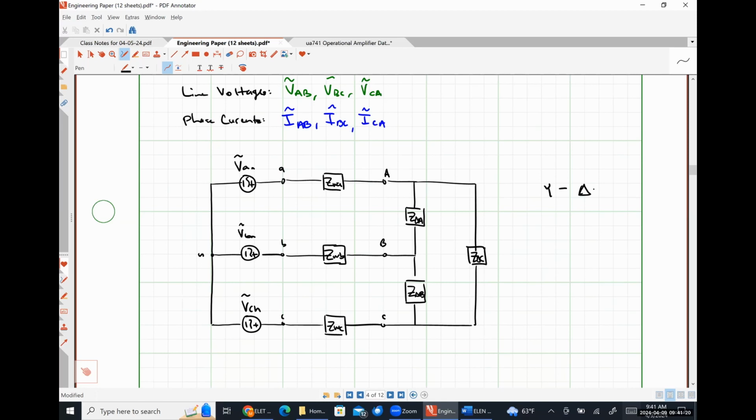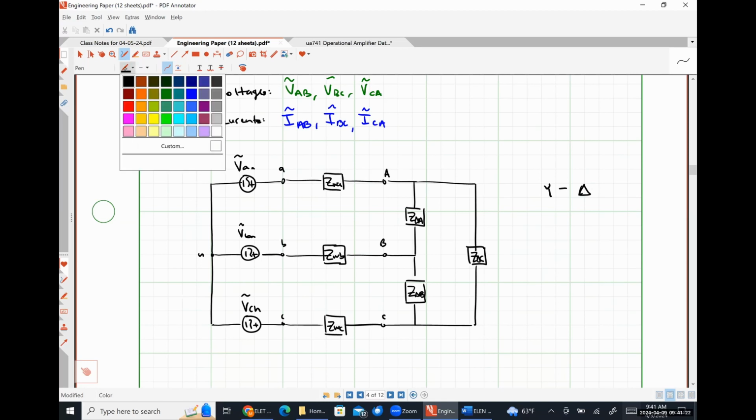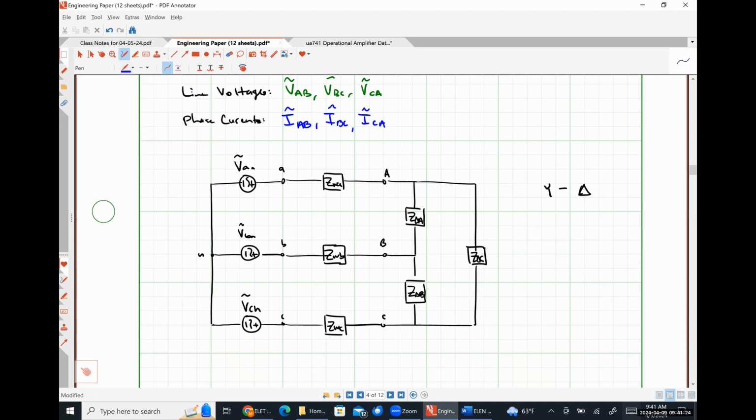Okay, so this current that I've just drawn right here, IAB, is that a line current or a phase current? Why is it a phase current?